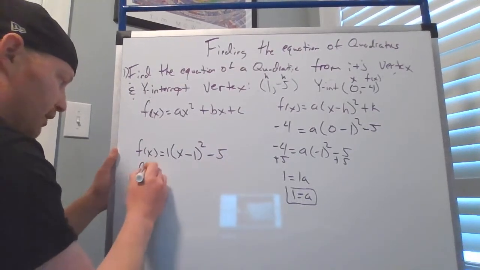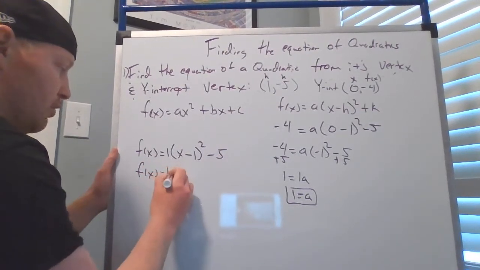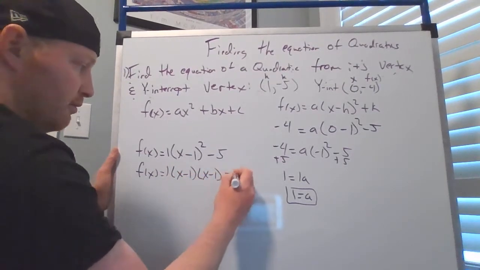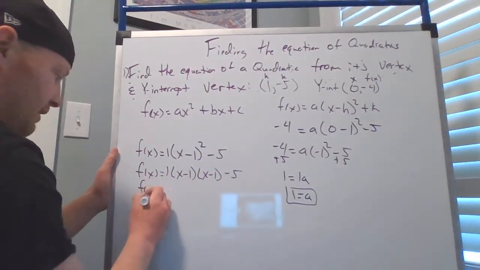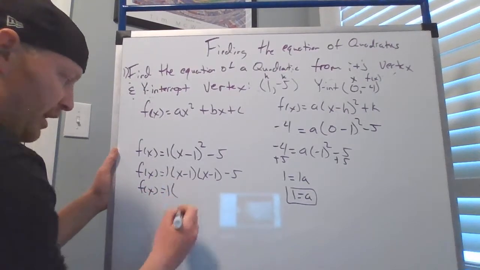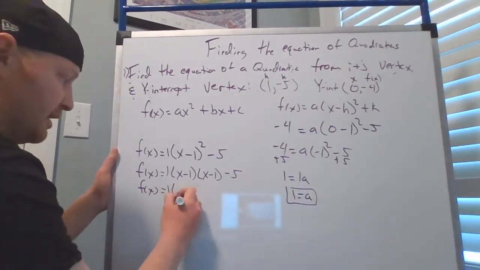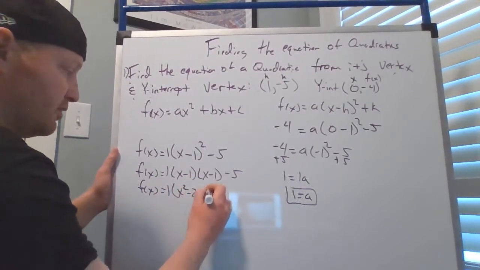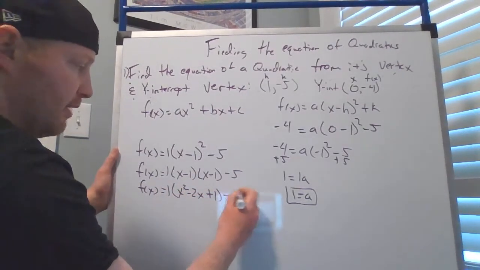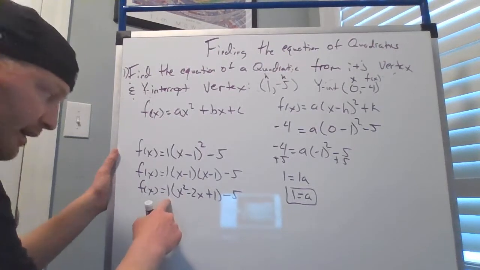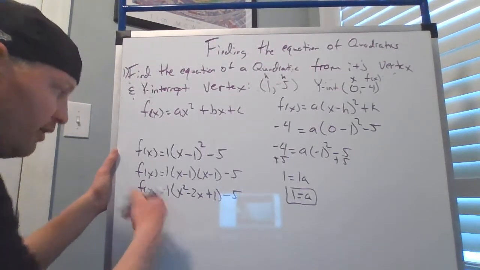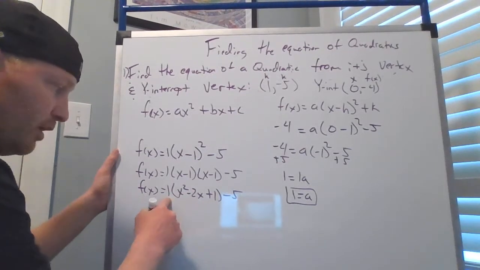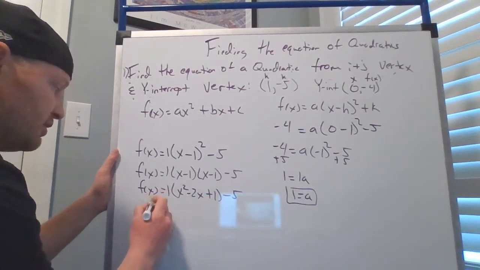I carry out this work. F of x equals 1 times (x minus 1) times (x minus 1) minus 5. F of x equals, I'm just following the format so I don't mess up. X times x is x squared. Negative x minus x makes -2x, plus 1 minus 5. And again, if this was a 2 or a 3 or a -5 or whatever, I would distribute that across every term inside here, but it's a 1, so we know this just stays as such.